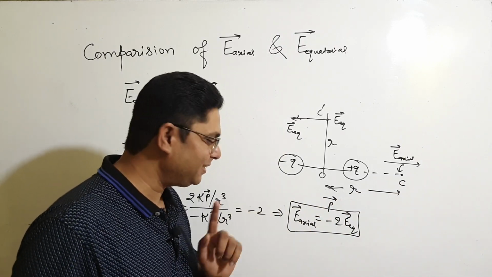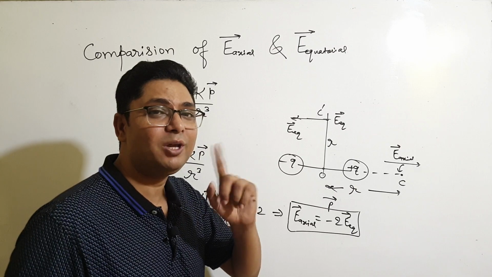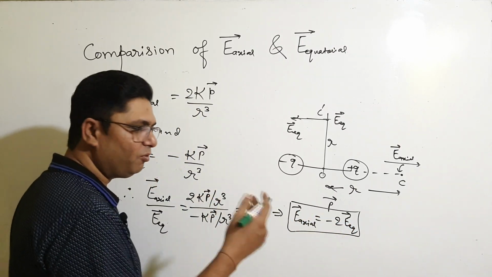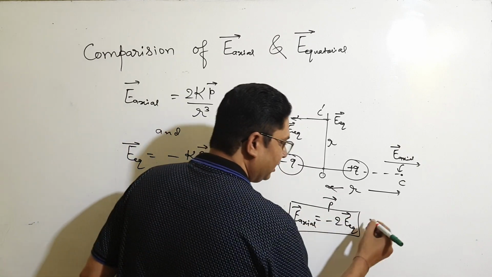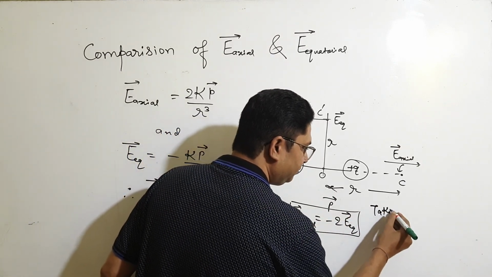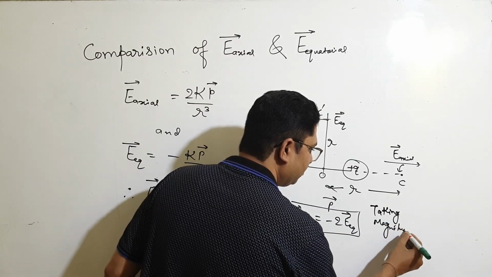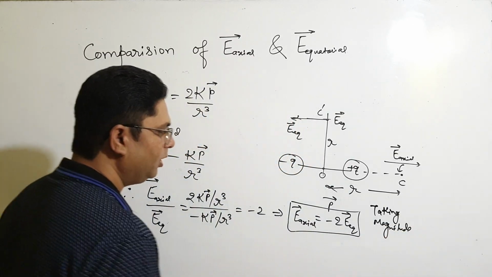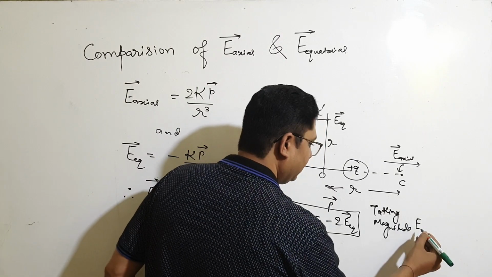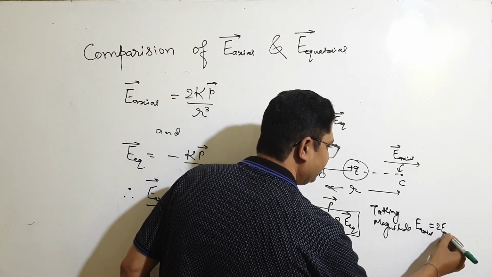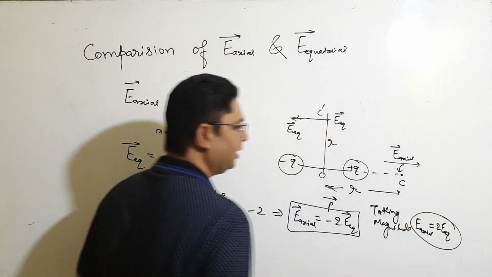Minus sign indicates that E axial and E equatorial have opposite direction. If you write in terms of magnitude, then you have the formula E axial is equal to twice E equatorial.